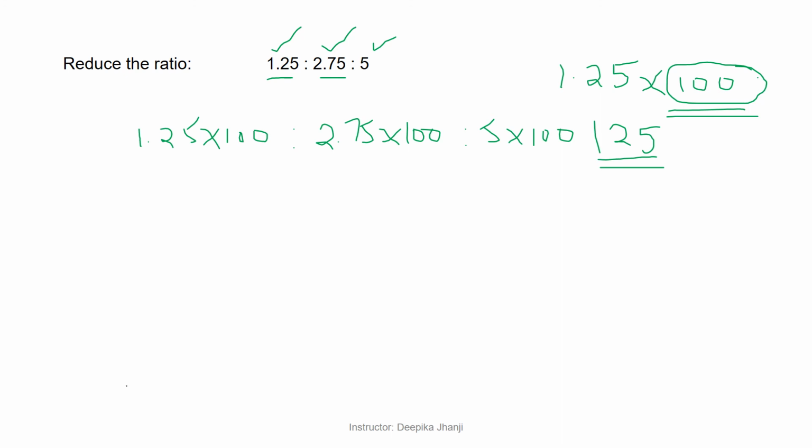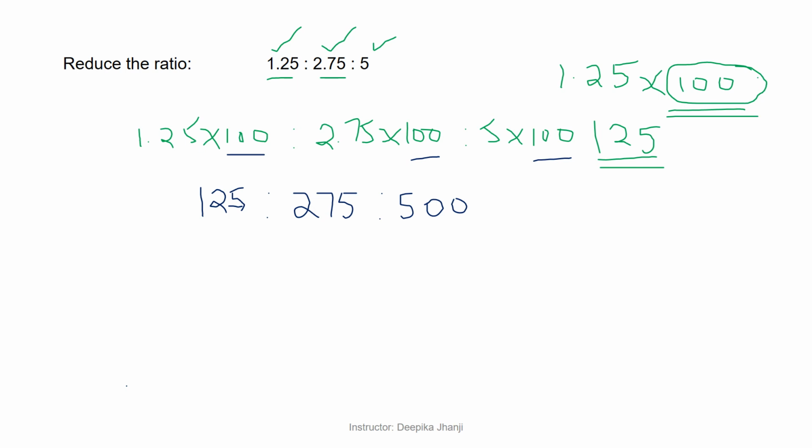So we are multiplying by 100 here, right? So we get 125 for the first term. For the second term, we get 275. And for the third term, we get 500. Now, so far we have eliminated the decimal. We have whole numbers here now, and we want to reduce it into lowest term, right?